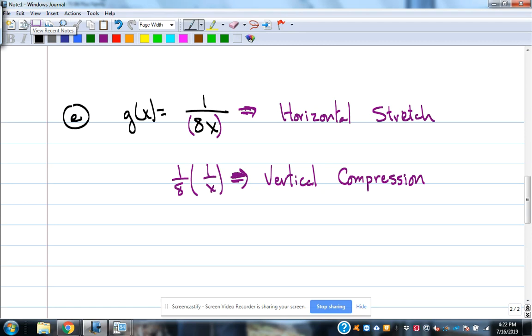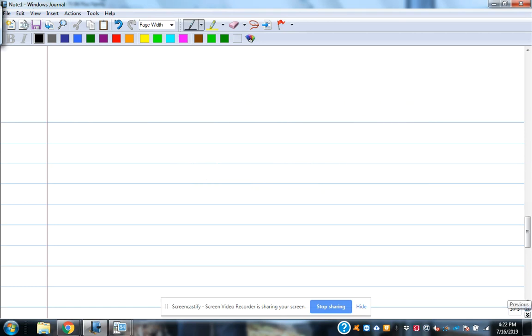All right, so let's get into the meat of this lesson for this section, and that is those parts of a rational function. These are the things we're going to have to find for rational expressions. Important parts of rational functions.